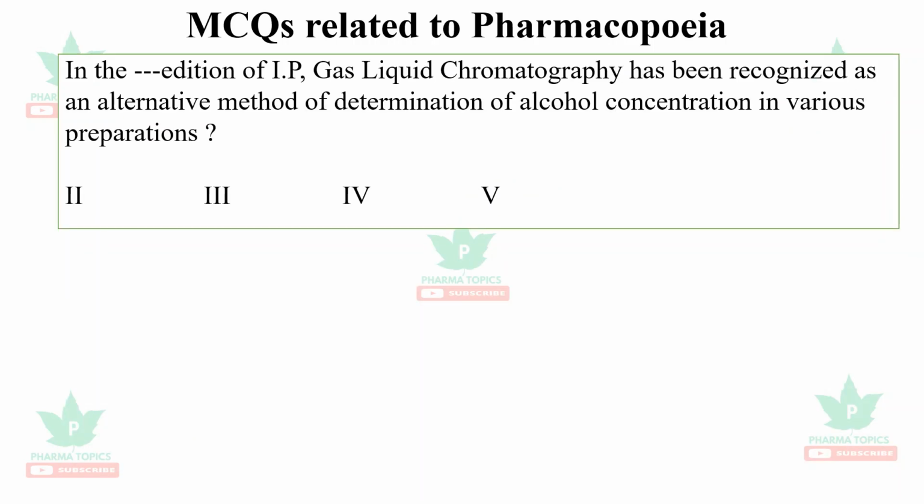In which edition of IP has gas liquid chromatography been recognized as an alternative method for the determination of alcohol concentration in various preparations? The options are 2, 3, 4 and 5. So it is the third edition. GLC has been introduced for the determination of alcohol concentration in various preparations.